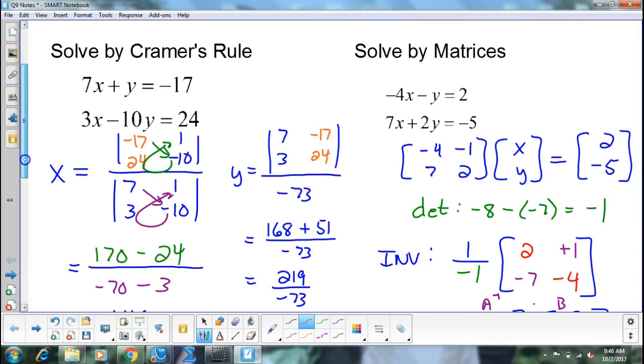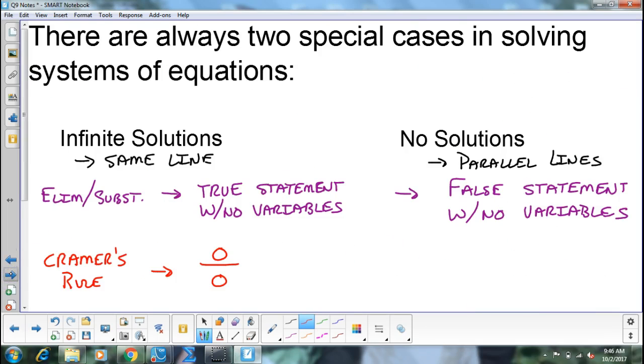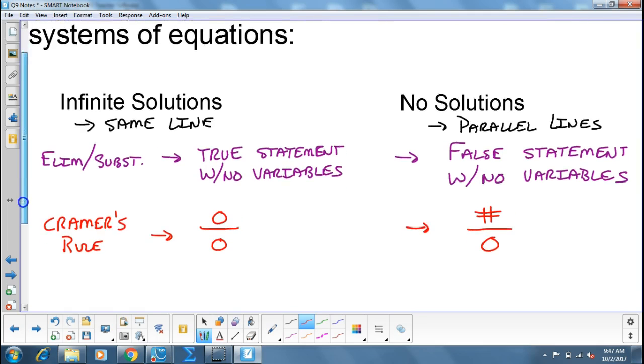So when you solve this here with Cramer's rule, down here in this step right here, you would get 0 over 0, and that would make it infinite solutions. If you have a no solutions case, you're going to get some number over 0. Those are the easy ones.